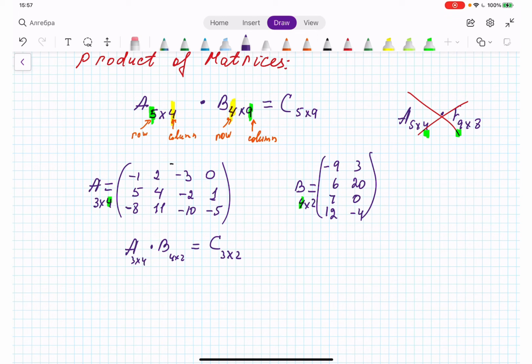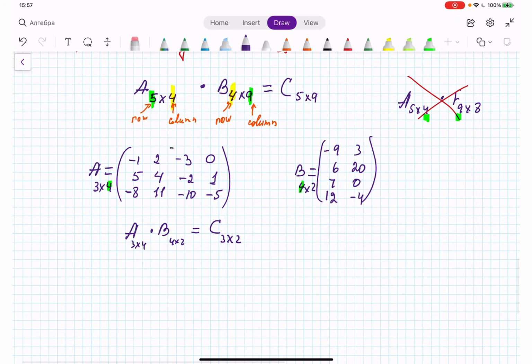Since I'm going to get 3 times 2, the matrix C is going to have 3 rows and 2 columns: C11, C12, and then second row, C21, C22, and third one, C31, C32.